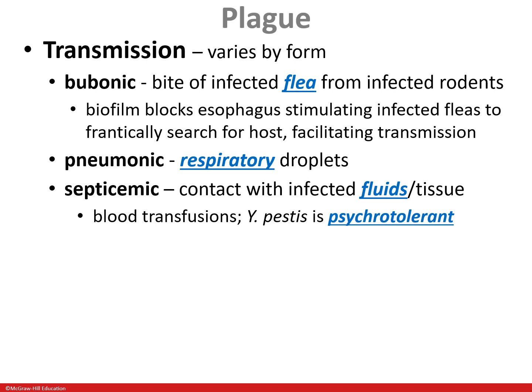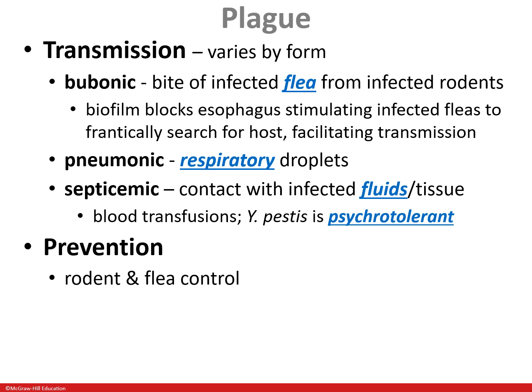In fact, there have been cases where blood transfusions transmitted the bacteria. And so recall that this Yersinia pestis is a psychrotolerant bacteria, which means it can survive in the refrigerator temperatures, which is where we store blood products. So this is one reason why it's important for screening blood products.